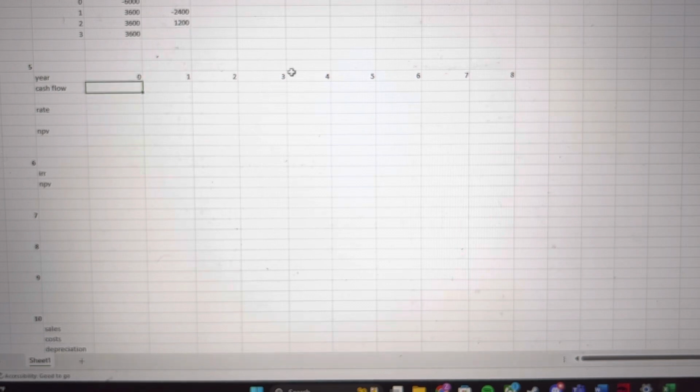So for year 0, it's negative $1 million. It's an investment. And years 1 through 8 are 200,000.